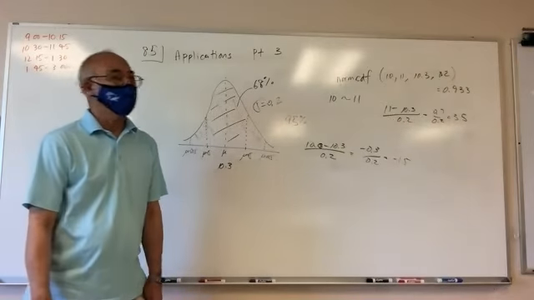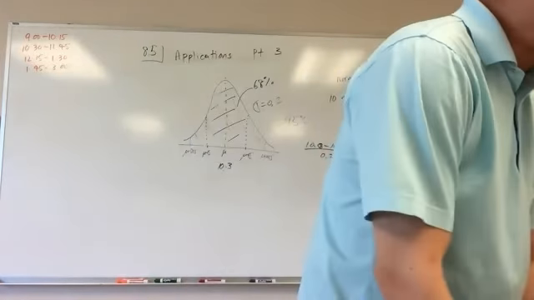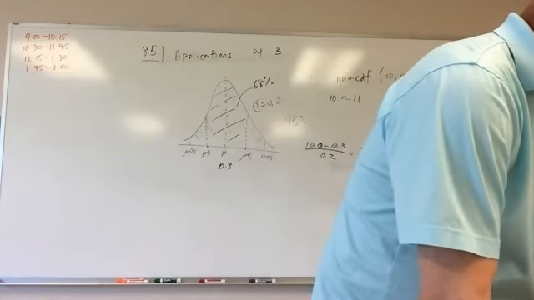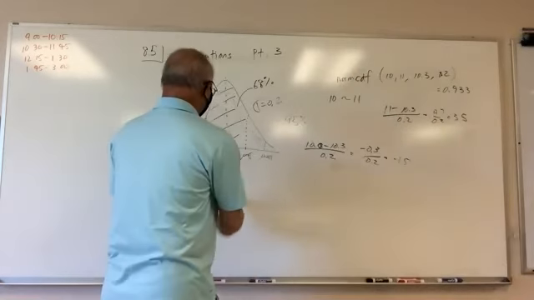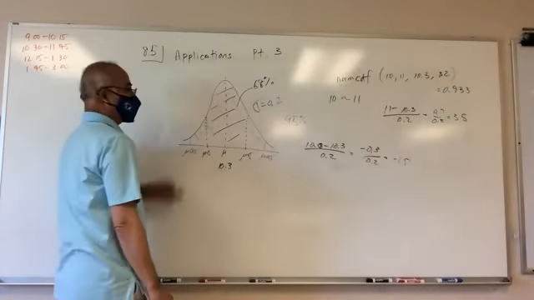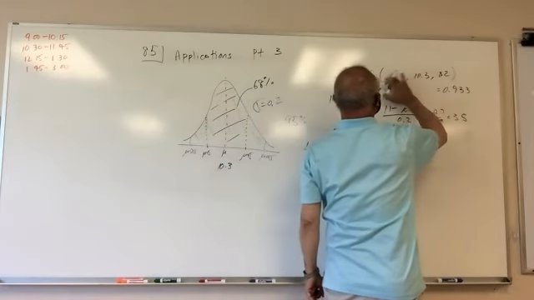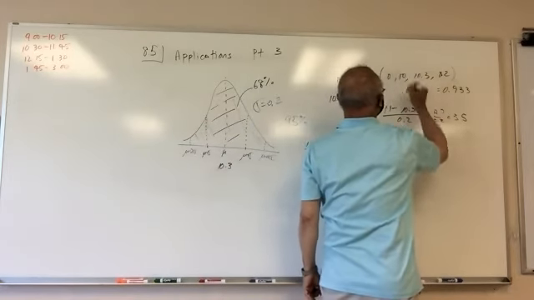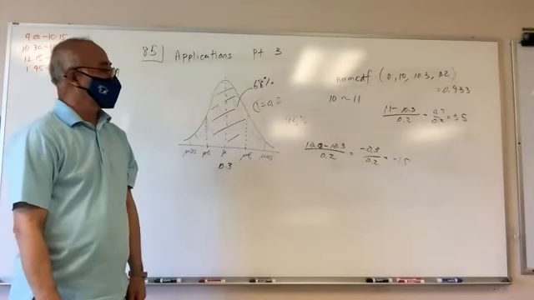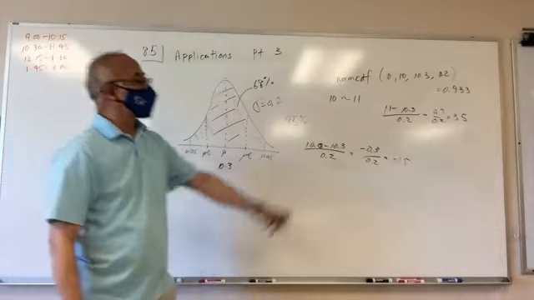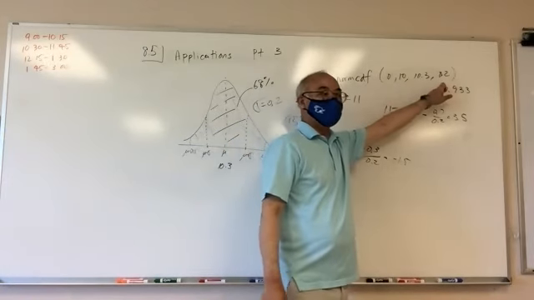Just letting you know that that's a type of thing. B, what percentage would we expect to weigh less than 10 ounces? It's the same thing here. I want to go from less than 10 ounces, so we'll just say 0 to 10 ounces. This is the lower bound, this is the upper bound, this is the mean, this is the standard deviation.